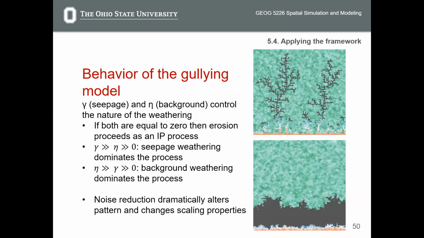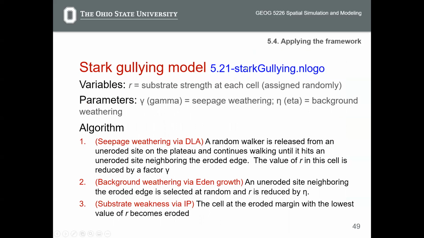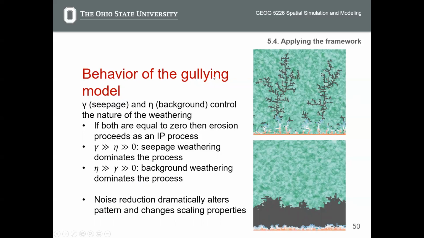On the right side, we have the simulation of guarding and eroding process, and you can find this model in our model library. It's 5.21.